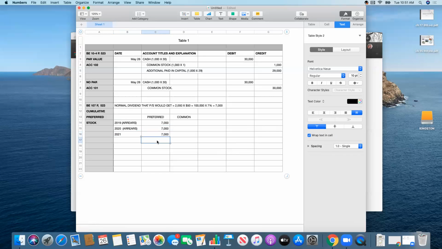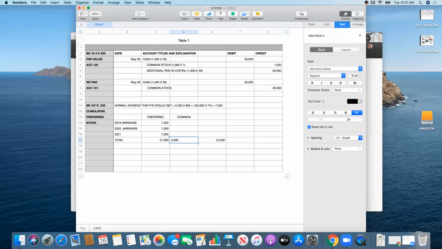Okay, so 7, 7, 7 is 21. How much is left? The total dividend was 23. So if the total dividend is 23 and 21 goes to the preferred, how much will go to the common? 2, right? 2.